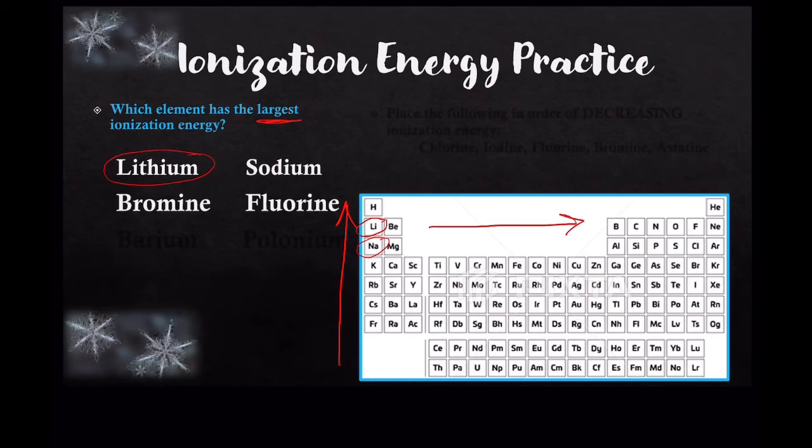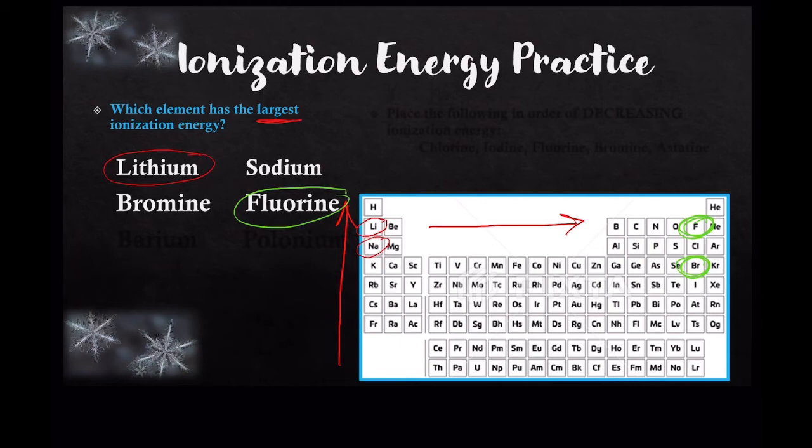Our next example involves halogens, bromine and fluorine. So bromine and fluorine are right over here. Which element has the largest ionization energy? Hopefully you realized it was fluorine. And it's for the same reason.